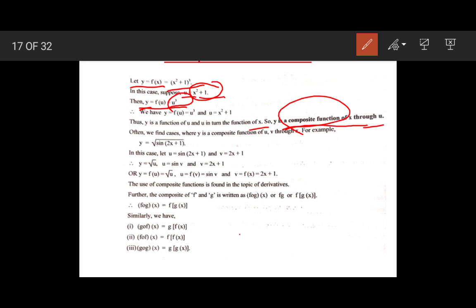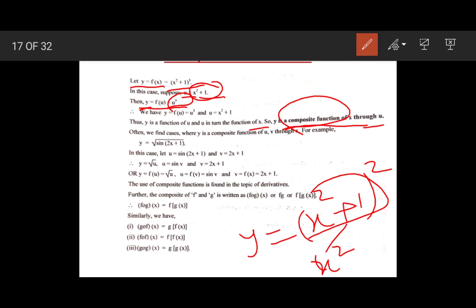So if y is equal to x square plus 1 the whole square is given, that means there are two functions. Function 1 is u square, suppose this whole term is u, so this is in the form of u square, right?